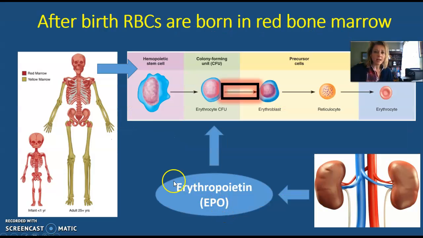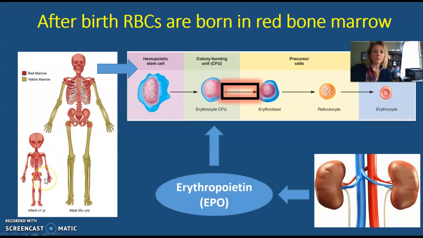And so I just wanted to show you this again. This is more of a nice to know. You can see that red blood cell formation, erythropoiesis, is happening in the red bone marrow of our bones as a child, or an infant, here it says less than 1 year.